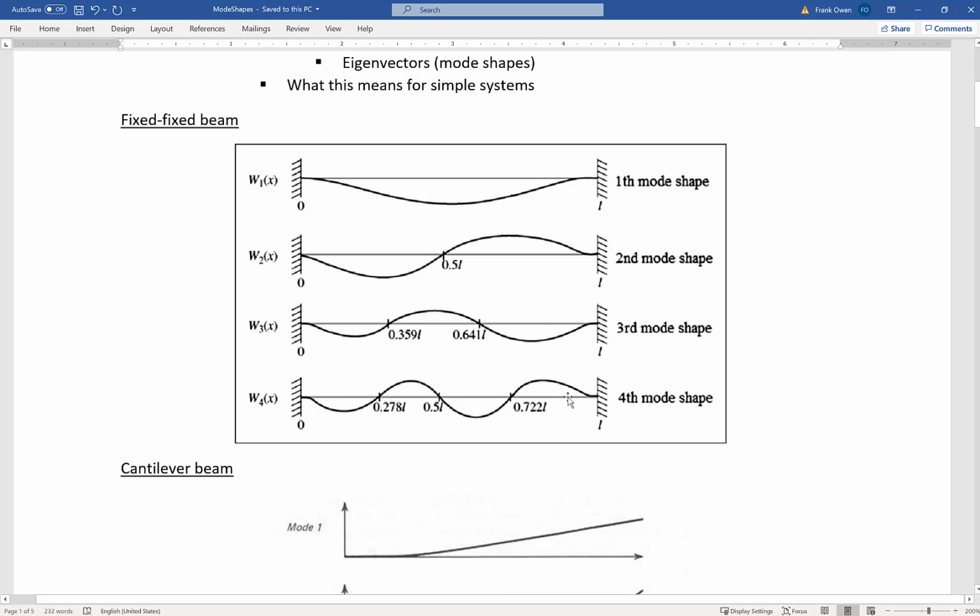Now, there's one important exception to this. If this were just a free system, then we wouldn't need to worry about what I'm getting ready to say.